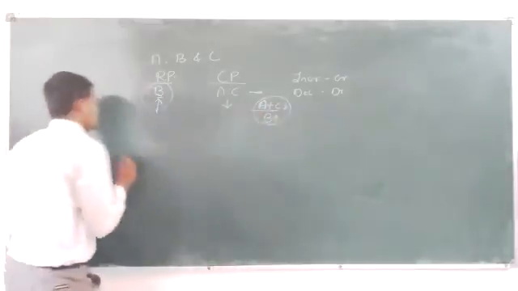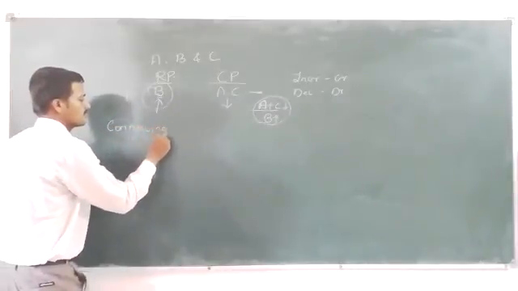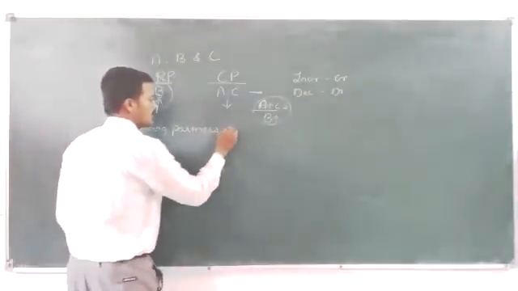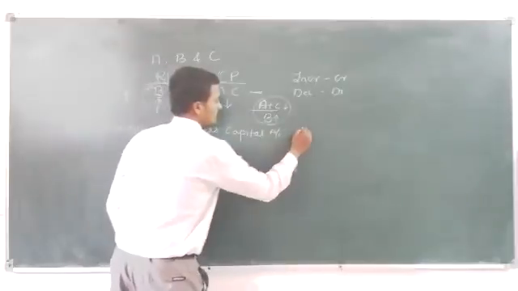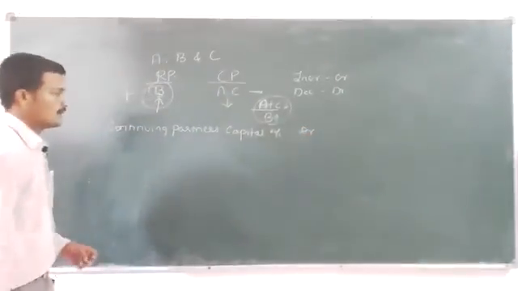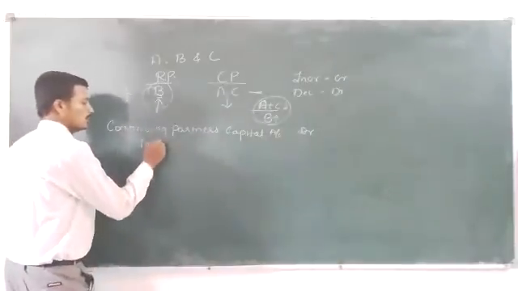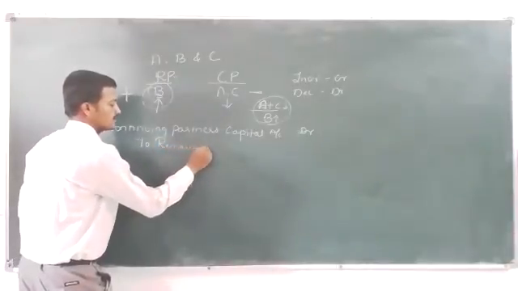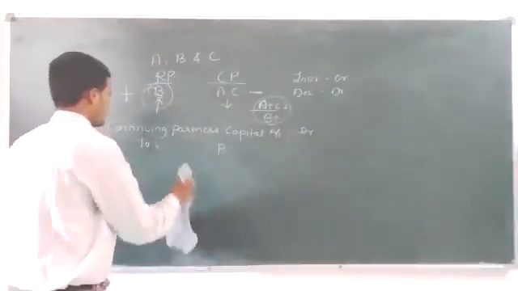Who are A and C? A and C are continuing partners. Continuing partners' capital account debit, to retiring partner's capital account.